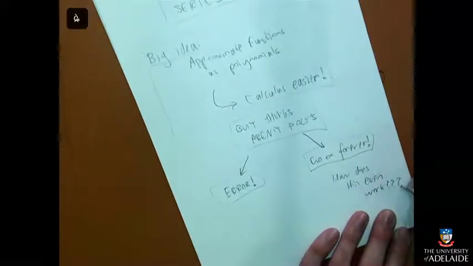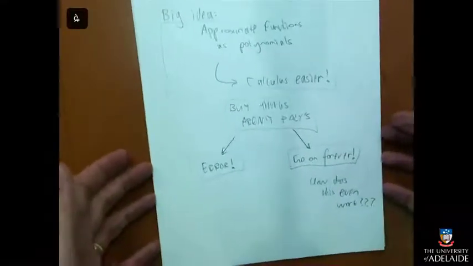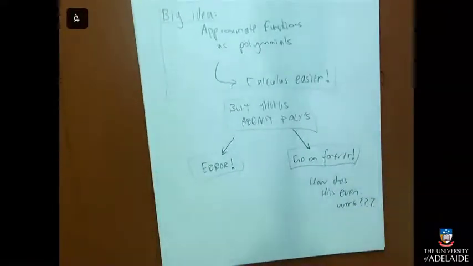What does it even mean to do an infinite polynomial with all the powers of x? What does that even mean? And how do I deal with the error? And so that's why all of this is in the same part of the course. So there you go, that's my overview.